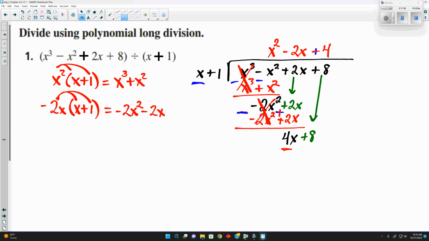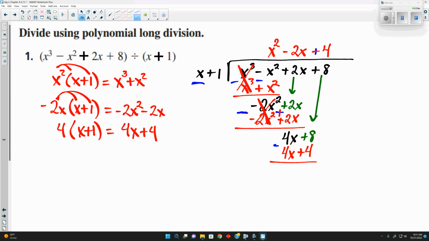So again, off to the side, we can say 4 times x plus 1. 4 times x is 4x. 4 times 1 is plus 4. Again, we bring it over here and put it underneath, which would give us 4x plus 4.